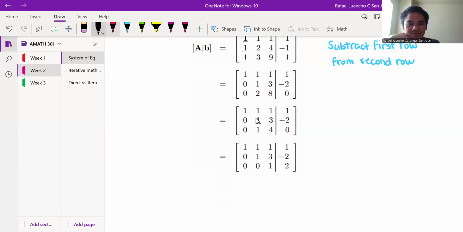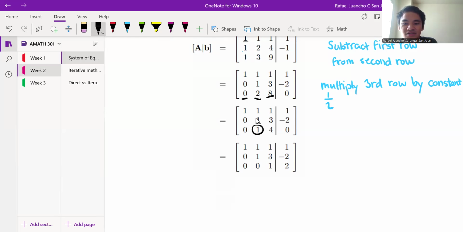So what I did here is multiply my third row by a constant 1/2, right? So I divided this by 2, I get 0. Divide this by 2, I get 1. There's a 1. Divide this by 2, I get 4. Divide this by 2, I still get 0. So I multiplied it by a constant 1/2.